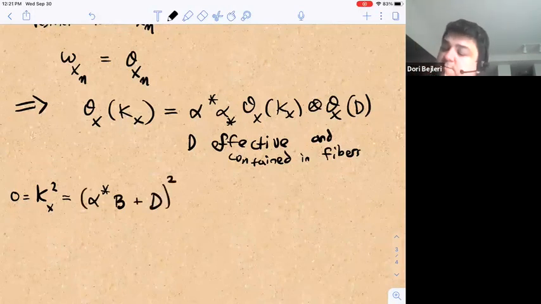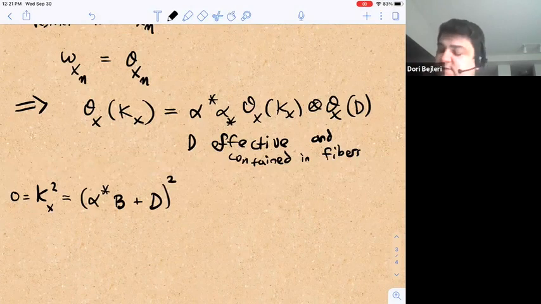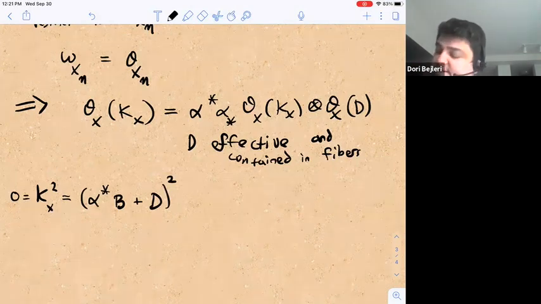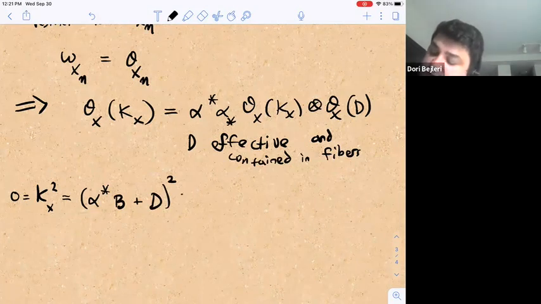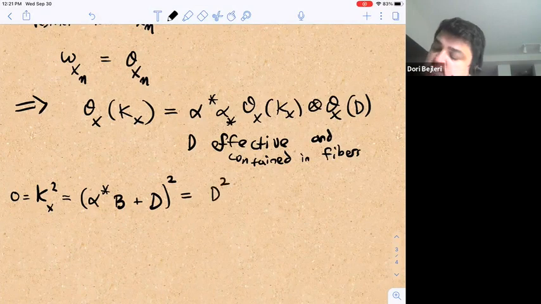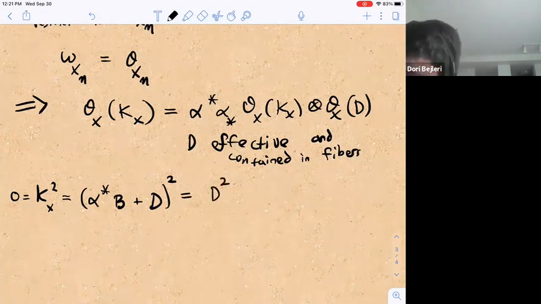But now this alpha upper star B is pulled back from the base, so its self-intersection is 0. D is contained in fibers, so its intersection is 0 with this B, and so this is just D squared. So whatever D squared is, it has to be 0.